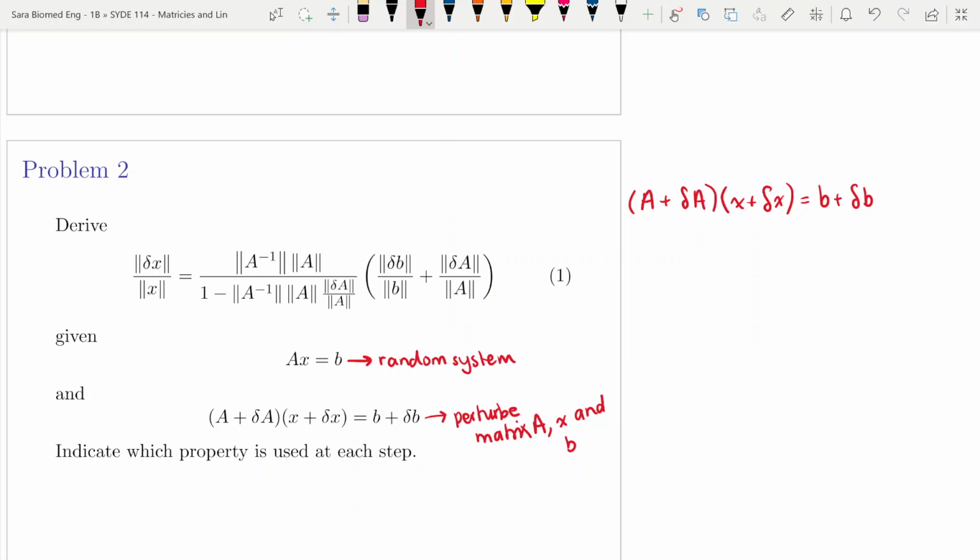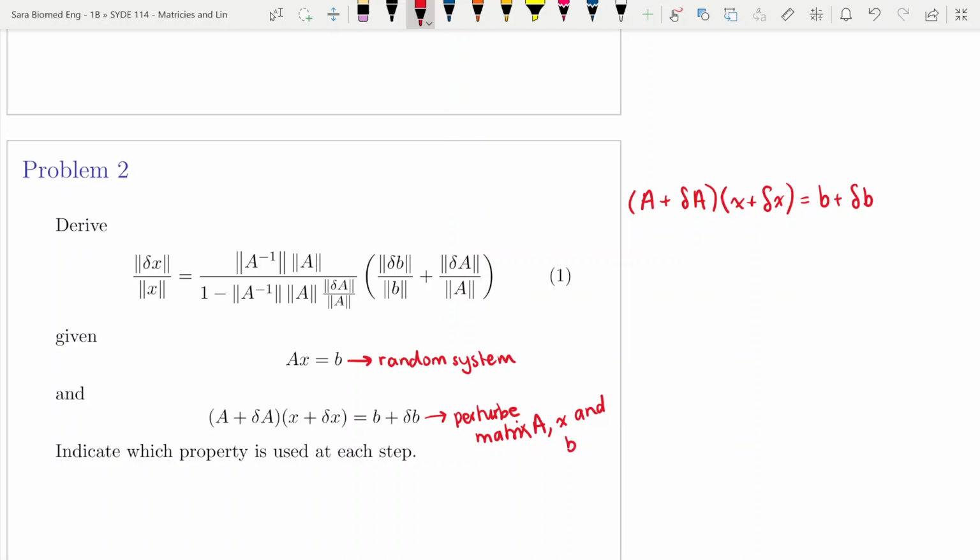Okay, we're going to talk about the sensitivity: if I just perturb A and b a little bit, not a lot, am I going to get a new x that is close to the original x?